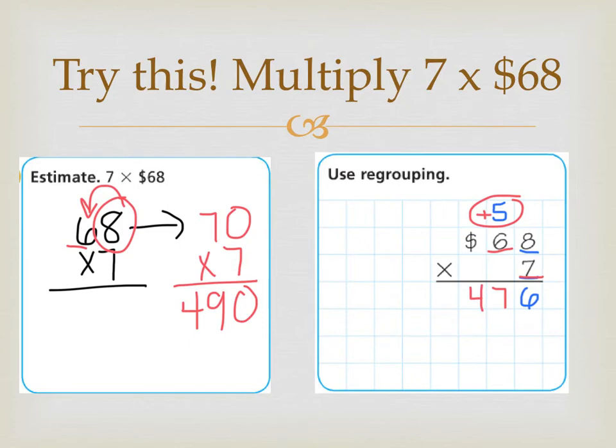I can use my estimate to see if my answer is reasonable. 68 is less than 70, and my actual answer is less than my estimate. But they are close together, so my answer of 476 makes sense.